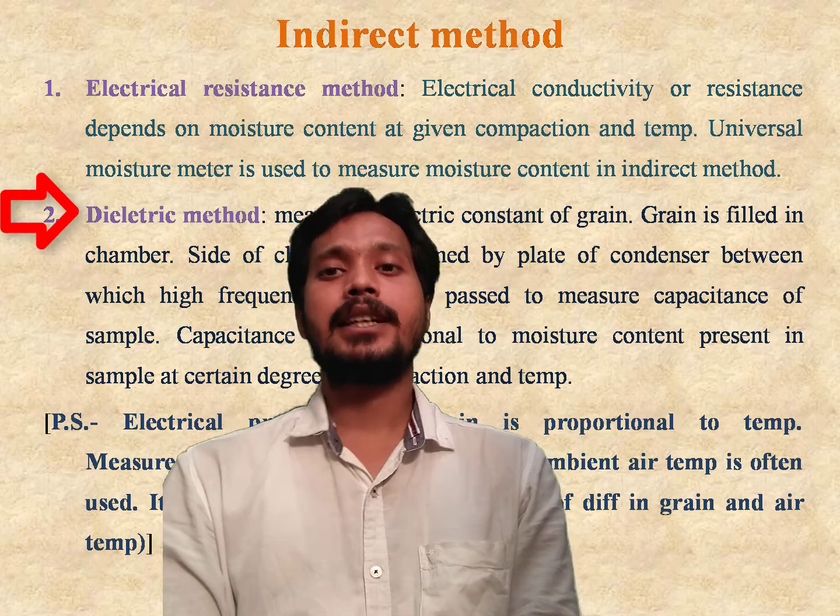Now what is dielectric? Dielectric is the amount of energy that is penetrated inside the product. I'll give you an example. Suppose you take some fruit, an apple, okay? You take an apple and you apply some energy.